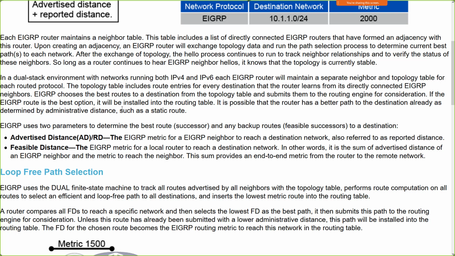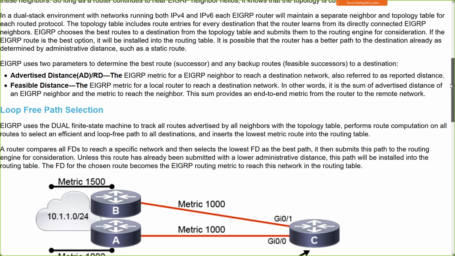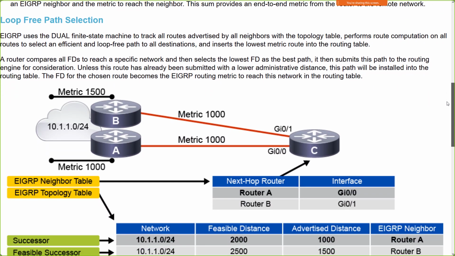And we already talked about the feasible successor as well, right? And that's what this loop-free path selection section is all about, talking about the feasibility condition and so on. So we'll review this one more time, even though we did go into this in quite a bit of detail in the previous topic, right?